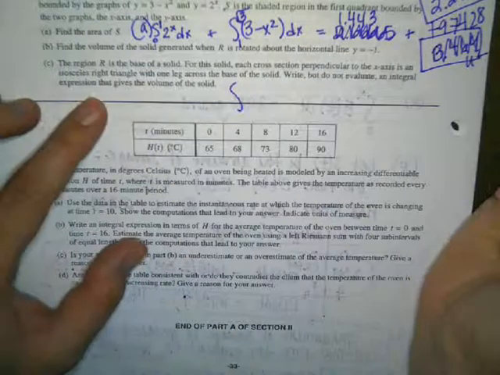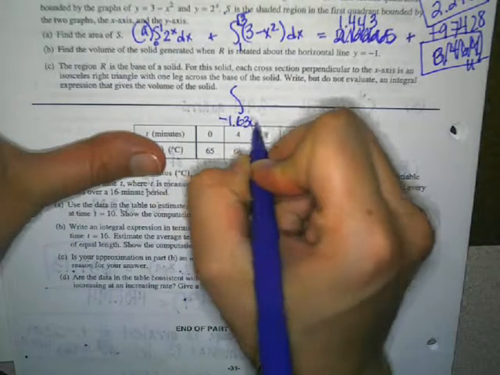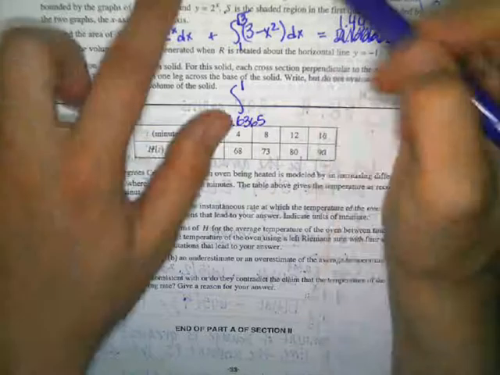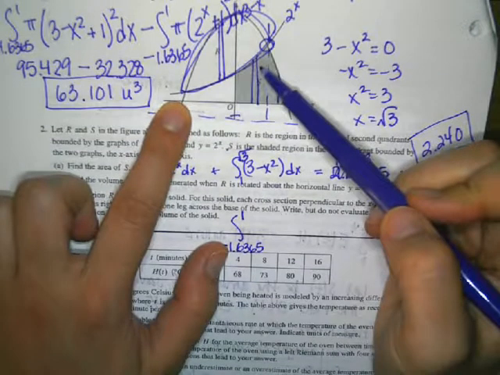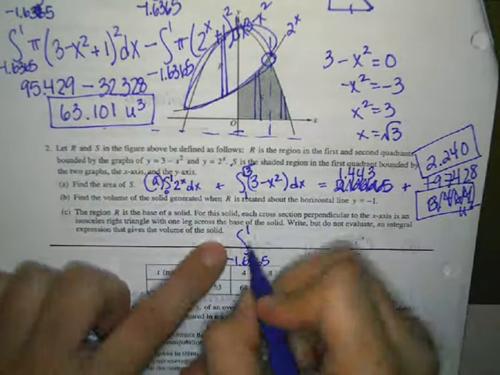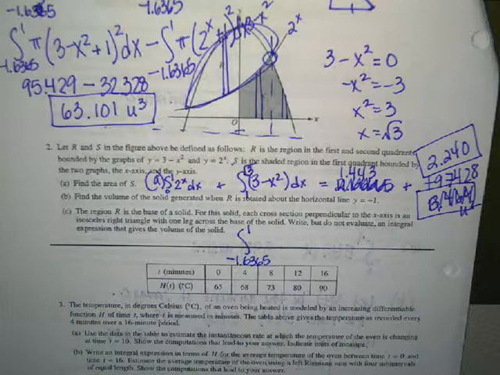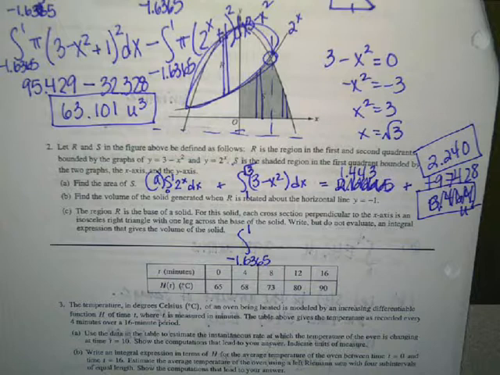Okay, so it says write but do not evaluate the integral expression. So we're going to have negative 1.6365 to 1 as my connecting points, or what I'm integrating between. And my expression is not pi r squared now. It's going to be the area of the cross section, which is the isosceles right triangle, which we already said the area of that is going to be 1/2 base squared, right?